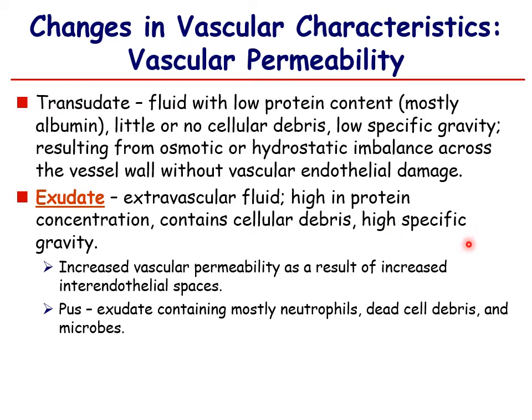It is due to increased vascular permeability as a result of increase in interendothelial spaces. One specific exudate that happens during infection is called pus. Pus is an exudate containing mostly neutrophils and dead cell debris, as well as components of microbes, microorganisms, and microbial products.